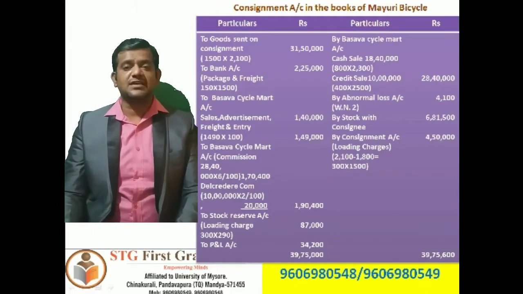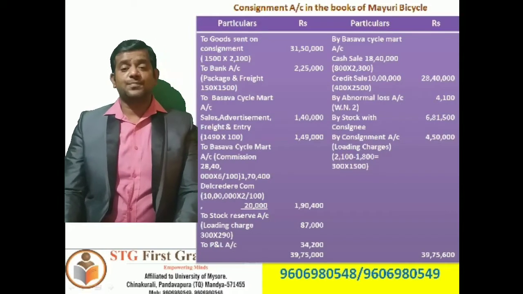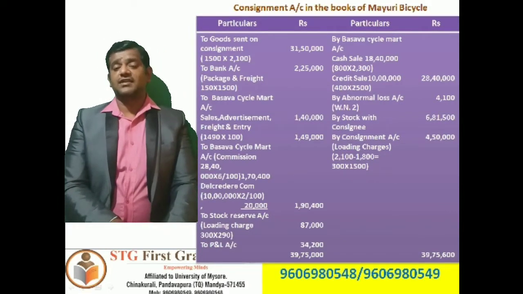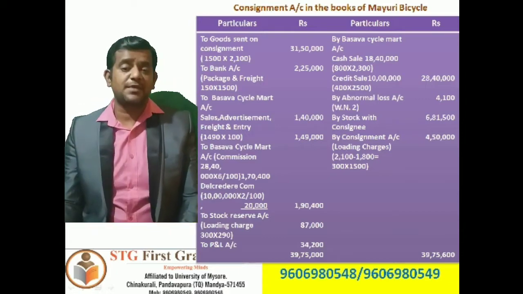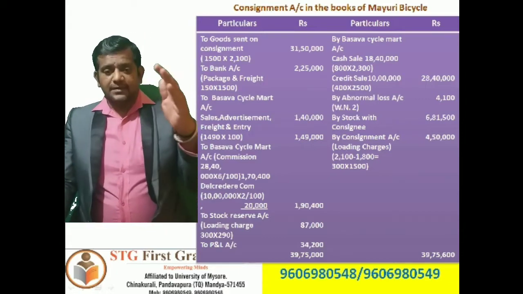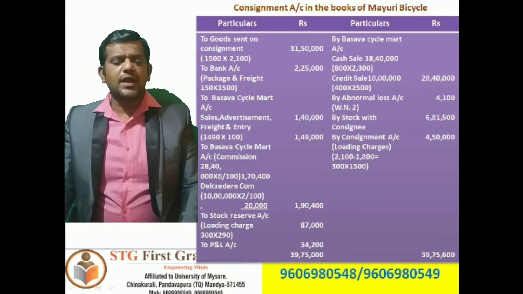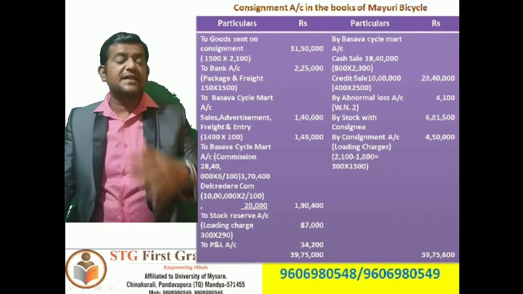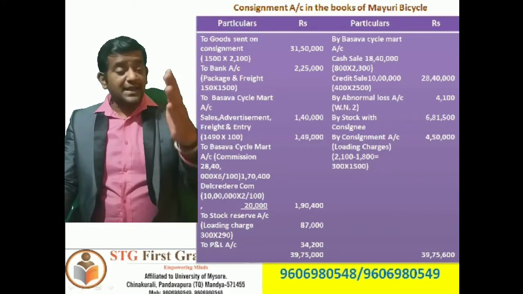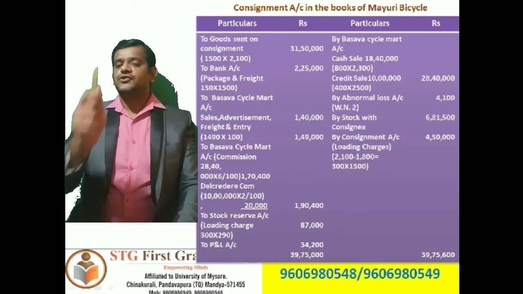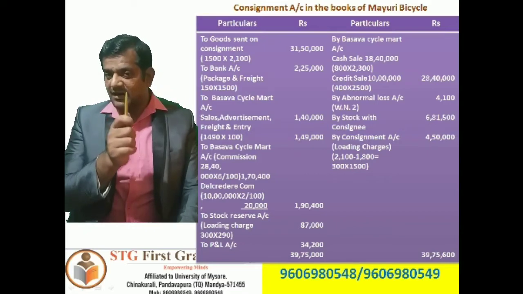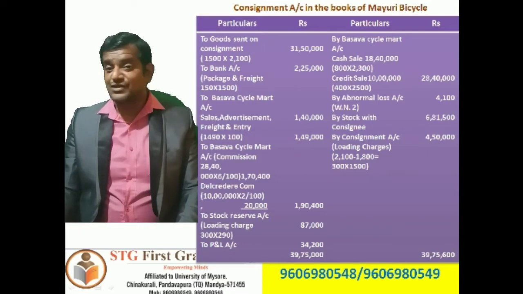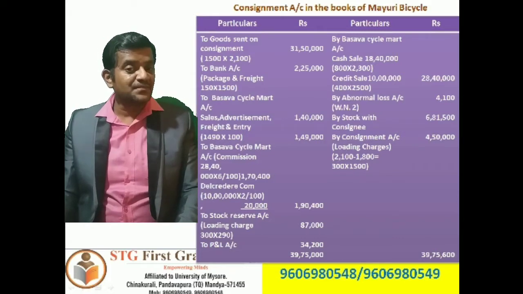How much have they incurred? 1,40,000 rupees for sales and advertisement expenses, which is incurred by Basava Cycle Mart. Then they had also incurred an expenditure, that is freight and entry tax. That is 100 rupees per bicycle. So here, how many bicycles has Basava Cycle Mart received? Not 1,500. How many then?